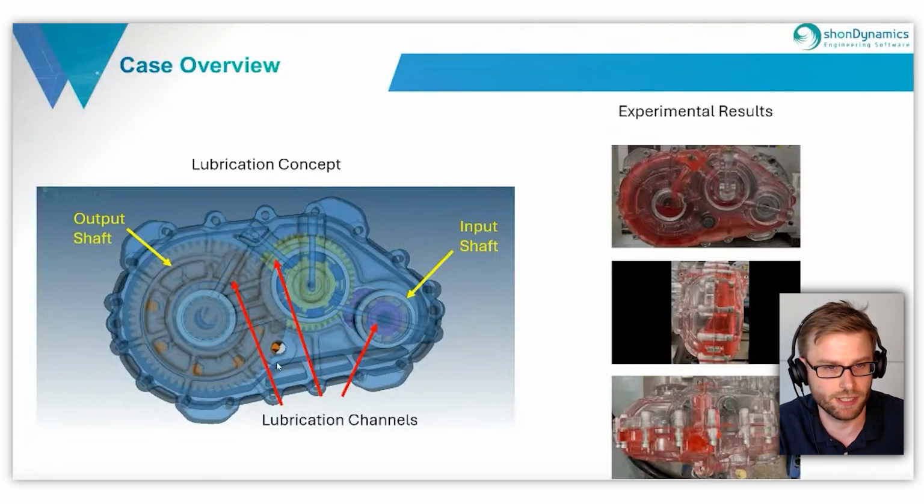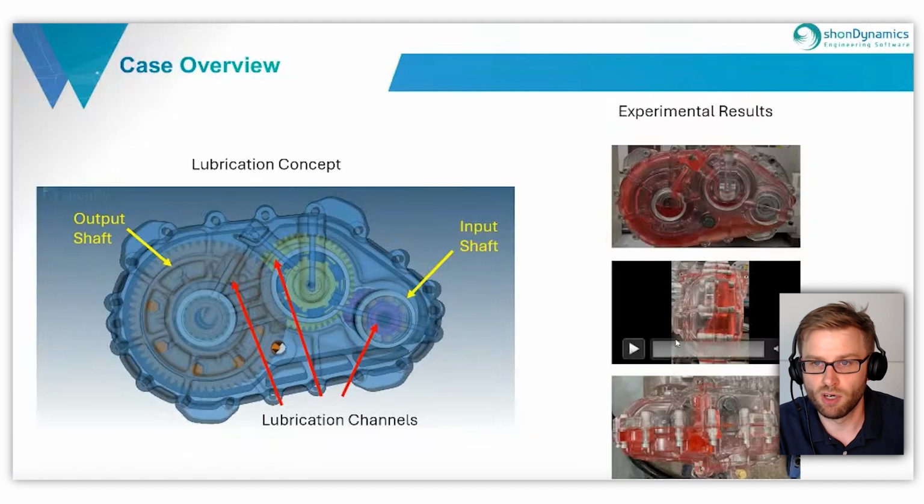So the idea is that we have the lubricant on the bottom of our gearbox. This will be carried by the output shaft to the small pool on the top of the gearbox. And from there, the small channels will directly guide the lubricant to the bearings, these three bearings.